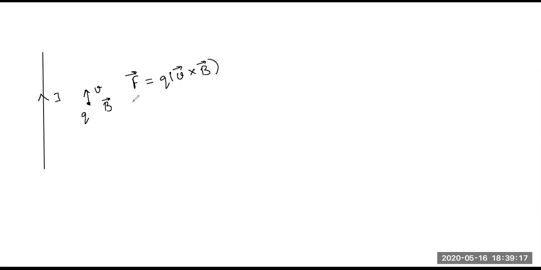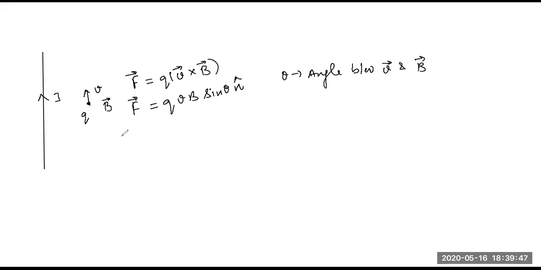Now, if you expand this relation, you'll get F is equal to Q V B sine theta, and with that you have a unit vector N. So force can be written as QVB sine theta, unit vector N, where Q is the charge, V is the velocity, B is magnetic field, and theta is the angle between V and B. Right?